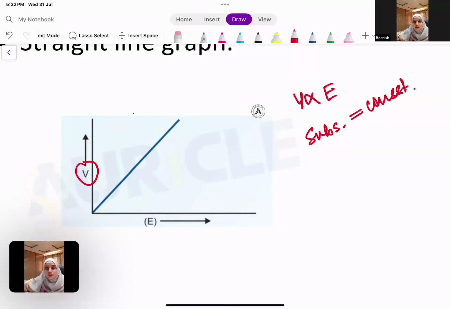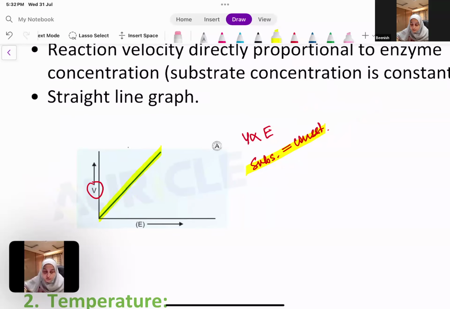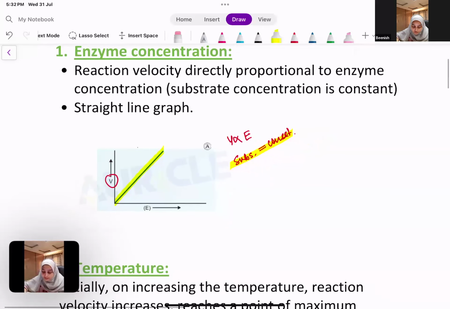If you're not increasing the substrate and you're increasing the enzyme, then more of the substrate is going to bind to the enzyme, so the reaction velocity is going to increase. So this is going to give a straight line graph. That is how your reaction velocity depends upon enzyme concentration.